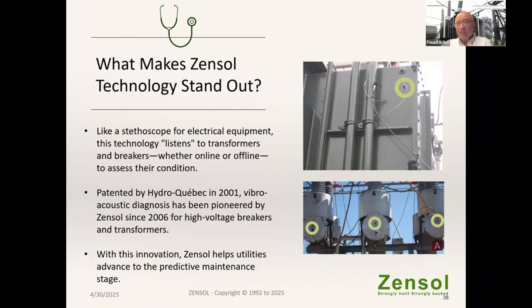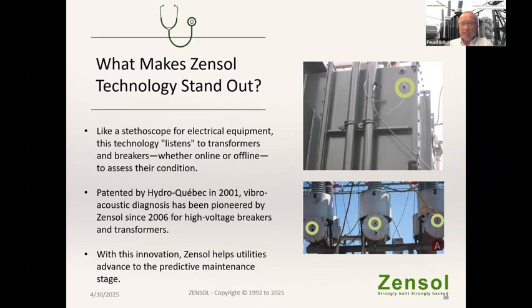On the picture on the right, you can see a transformer with a tap changer. We use one accelerometer, and here in the picture at the bottom, you have three accelerometers, phase A, B, and C, and so the timing test is done easily, and it could be done online. So in fact, you have a lot of tests that could be done just by listening to the vibro-acoustic signal.